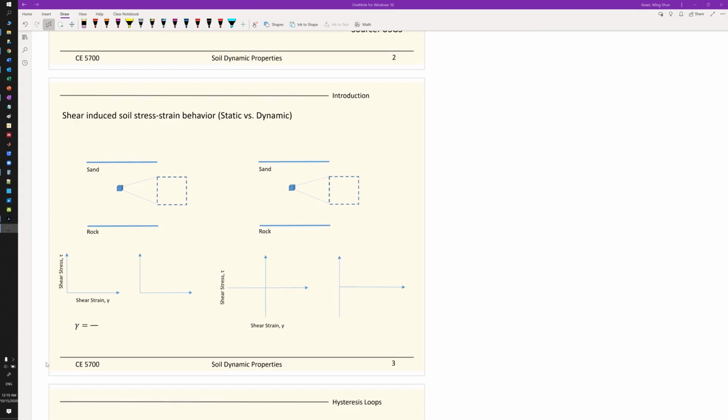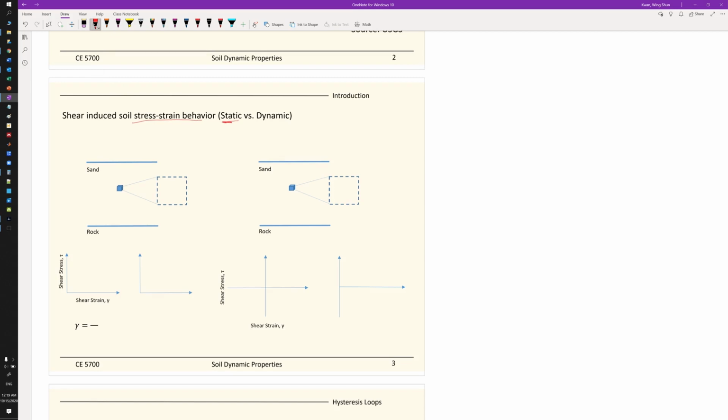Okay, so when we talk about soil behavior or soil properties, one very important aspect is to understand the soil stress-strain behavior. We talked about it already under static loading in the previous class.